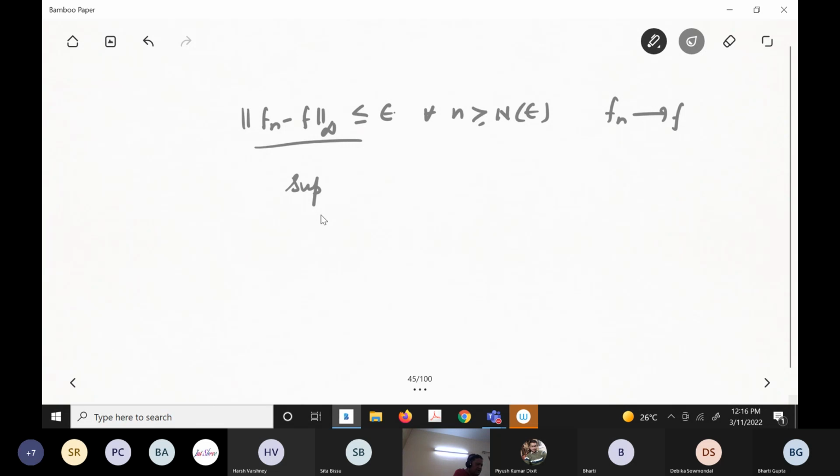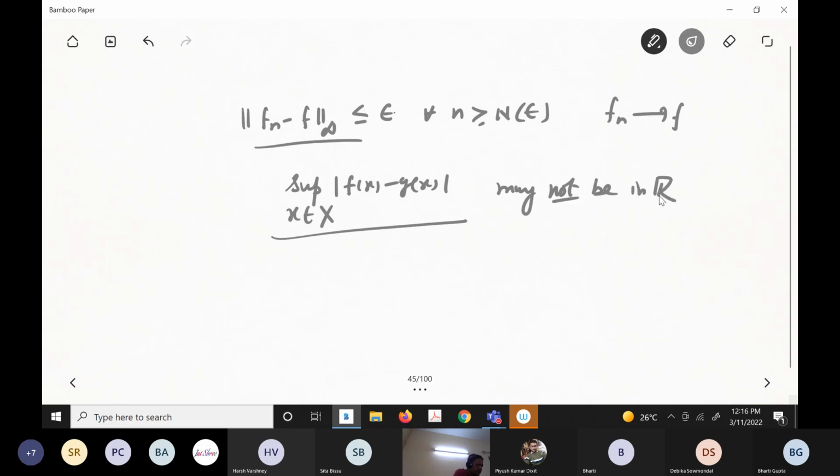But otherwise, between two functions, the supremum may not be a real number; it may be infinity. So I may not get a norm, but I can get a metric D which gives the same convergence. How to do that?